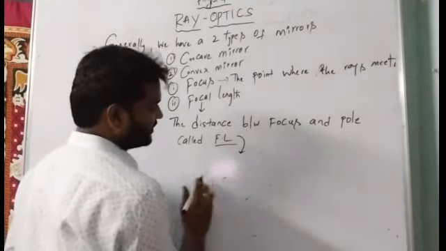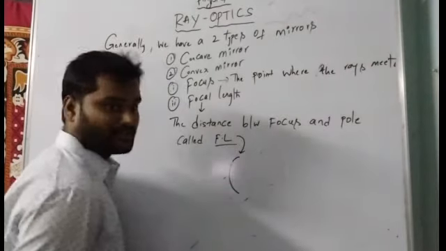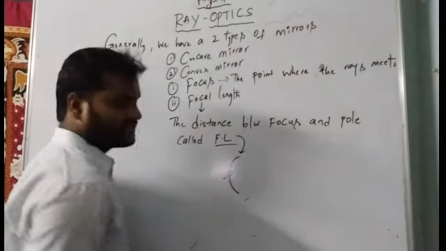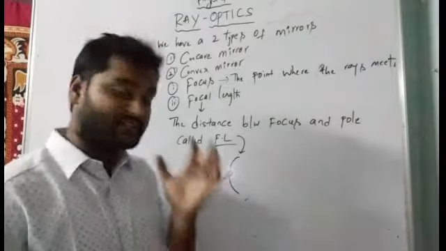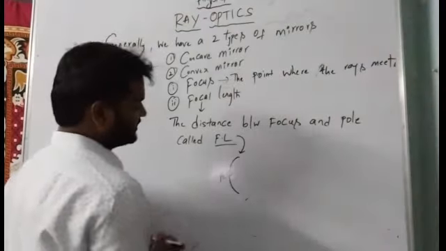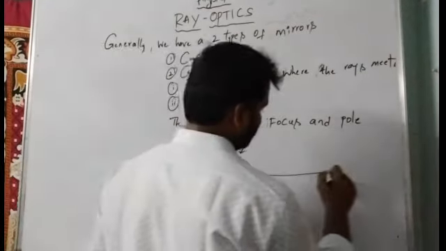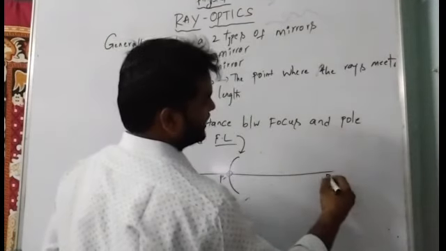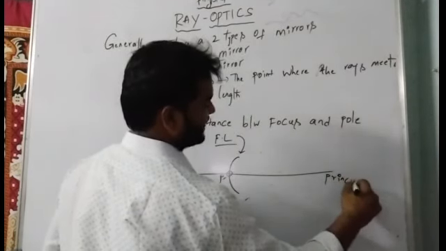I have taken a mirror. It is a concave mirror. The midpoint of a mirror is known as the pole, P. I'm going to take one principal axis. This is called the principal axis.